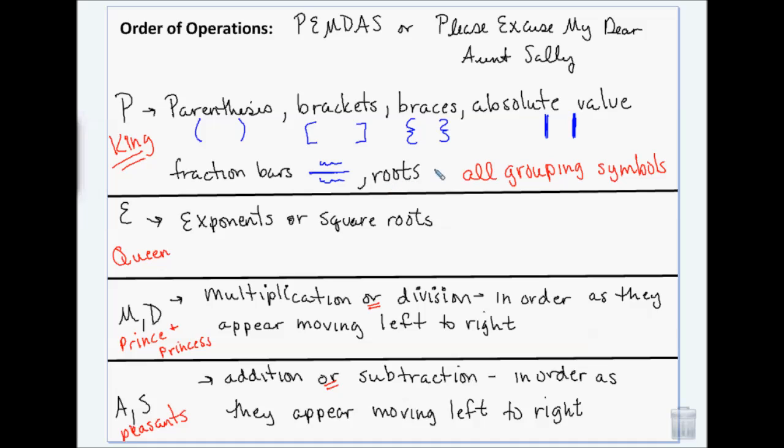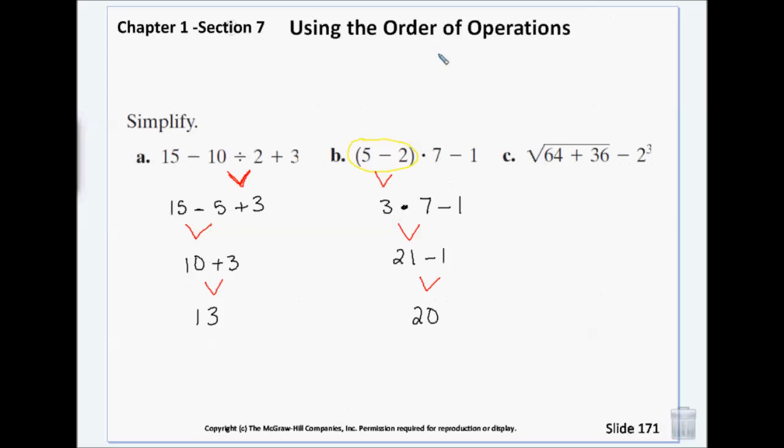Okay, so roots can act as a grouping symbol as well. Okay, so it's grouping this 64 and the 36 together, so I need to do that first. Do you guys see how it's grouping them together? So I'm going to do 64 plus 36 is 100.